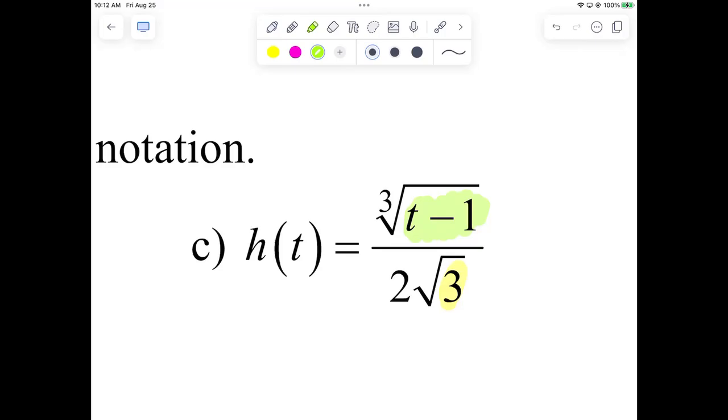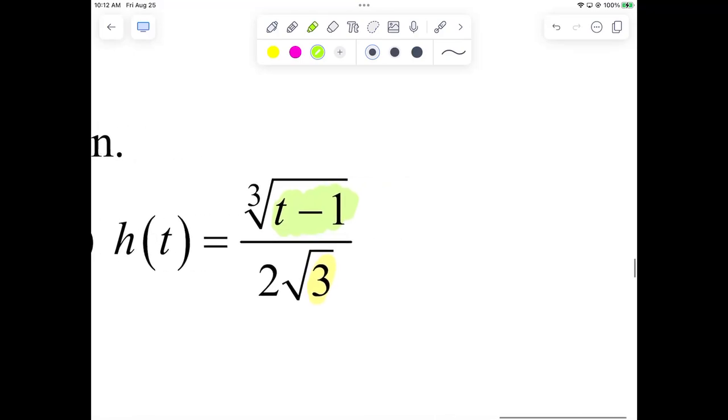But look at the root index. It's a 3. Remember, we cannot take square roots, fourth roots, sixth roots, eighth roots, or any even roots of a negative number. But what about cube roots, fifth roots, seventh roots, or odd roots of a negative number? Are those allowed? Yes.